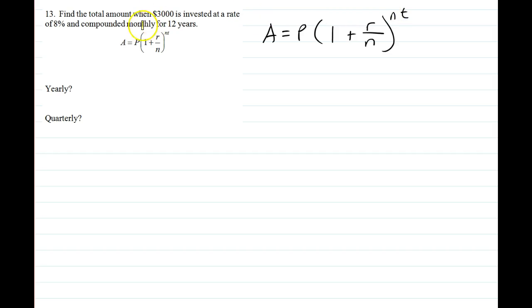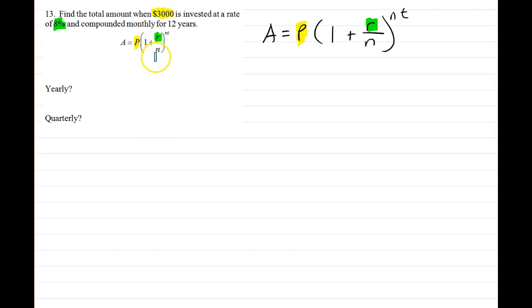So the P stands for our principal. That's what we invest or deposit. So that's going to go here. The next one we have to worry about is the R, and that's our interest rate. That's 8%.